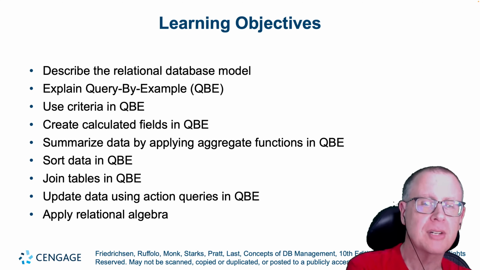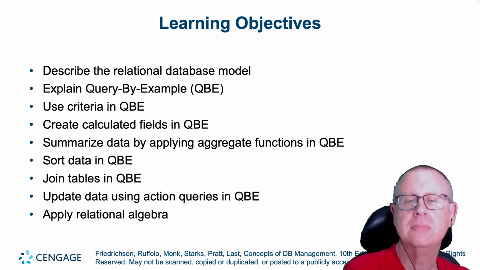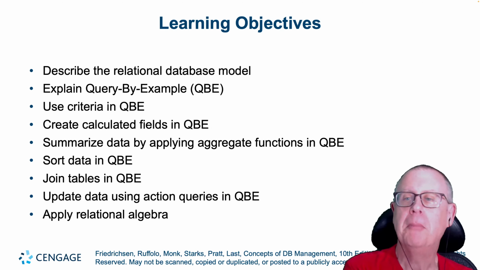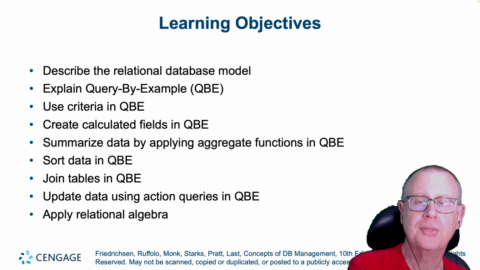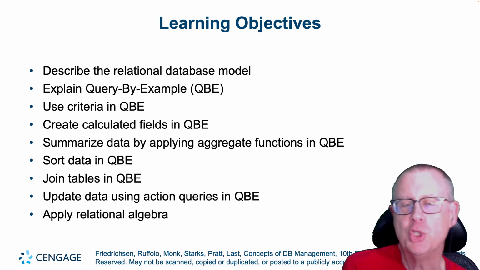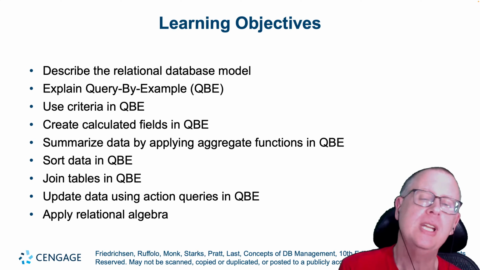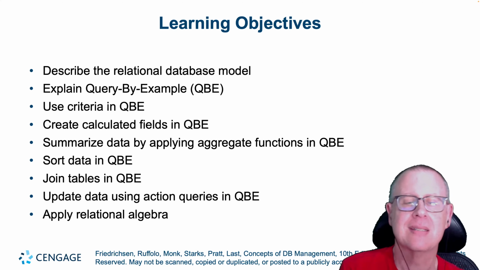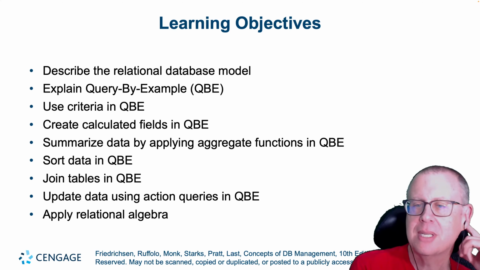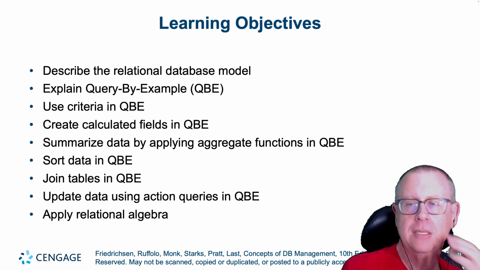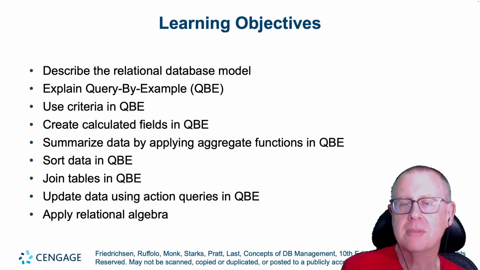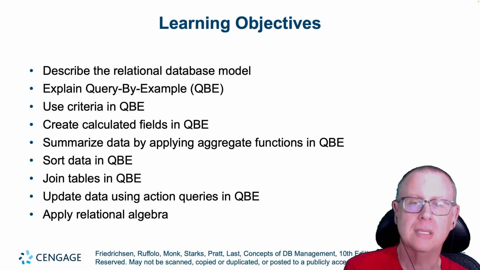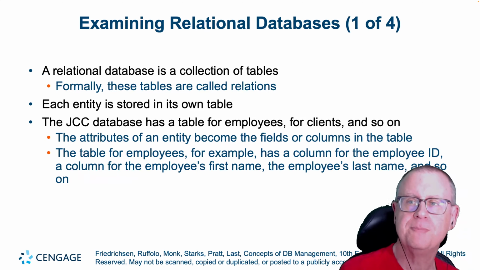These are aggregate functions, again, like sum, min, max. We've got a bit to sort. We want to be able to join tables. Now, joining means we need to connect two or more tables together somehow. And we want to update data in tables, and then we want to apply the relational algebra.